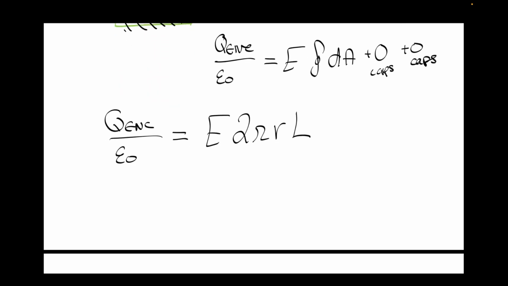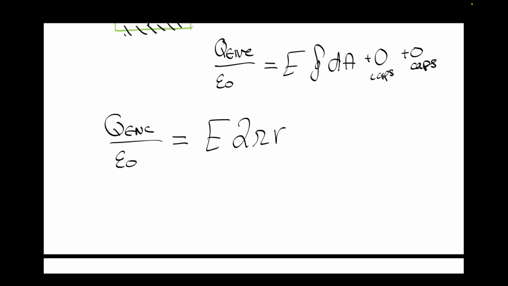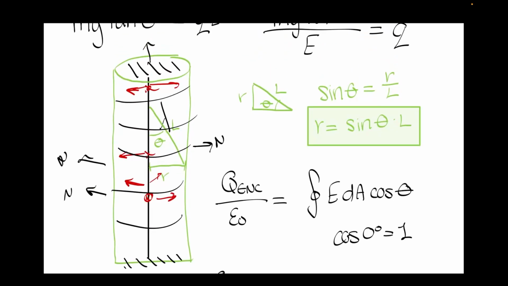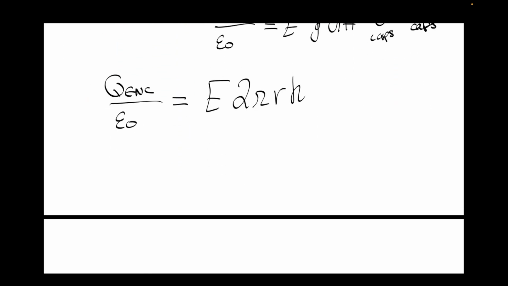So R is the sine of theta times L, remember? So let's go back and talk about Q enclosed now. By the way, this L, I'm not going to call it L, I'm going to call it H. It's the height, and the reason I'm doing that is because we have this other L here with our R equals sine theta L, and I don't want to confuse that L and this L, so we're going to call it H. Awesome. Now we're talking about Q enclosed. Well, what is Q enclosed?